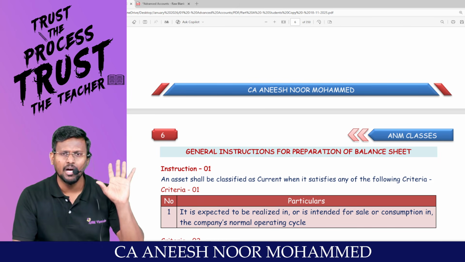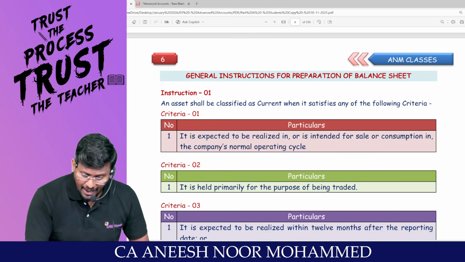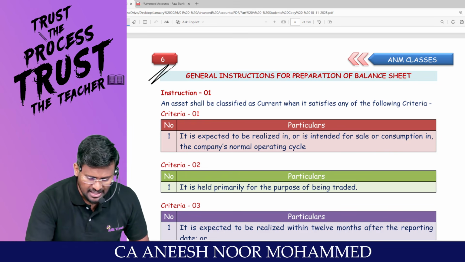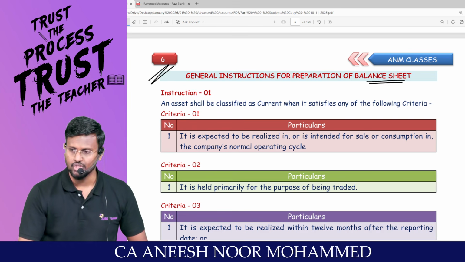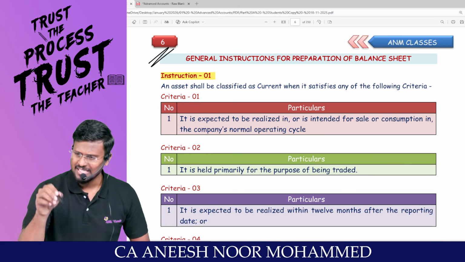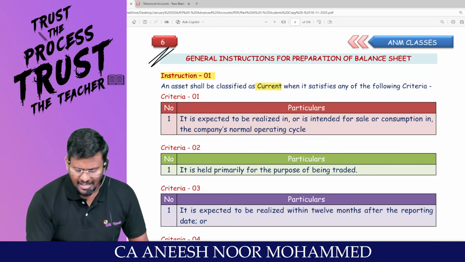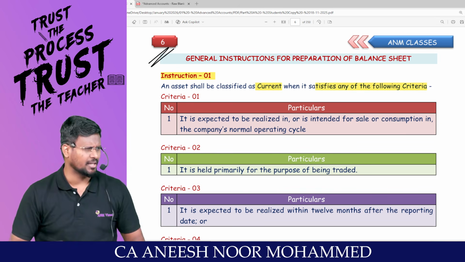And the other, my dear lovable students, when you are preparing the balance sheet, these are the general instructions for preparation of the balance sheet, which is nothing but instruction number 1. An asset can be classified as current when it satisfies any of the following criteria.